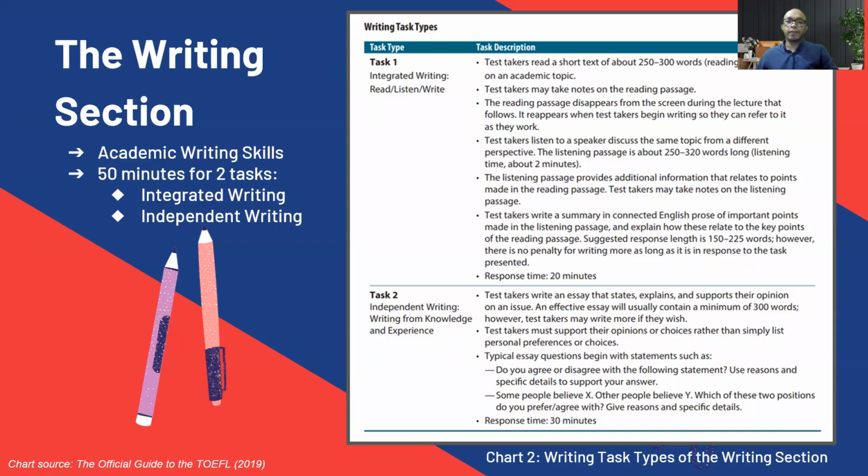You will be given a question, and then you will be asked to choose a side, whether you agree or disagree with the statement, but mainly to show preference for one over the other. And you will have 30 minutes to complete this, making the overall section last 50 minutes in total.